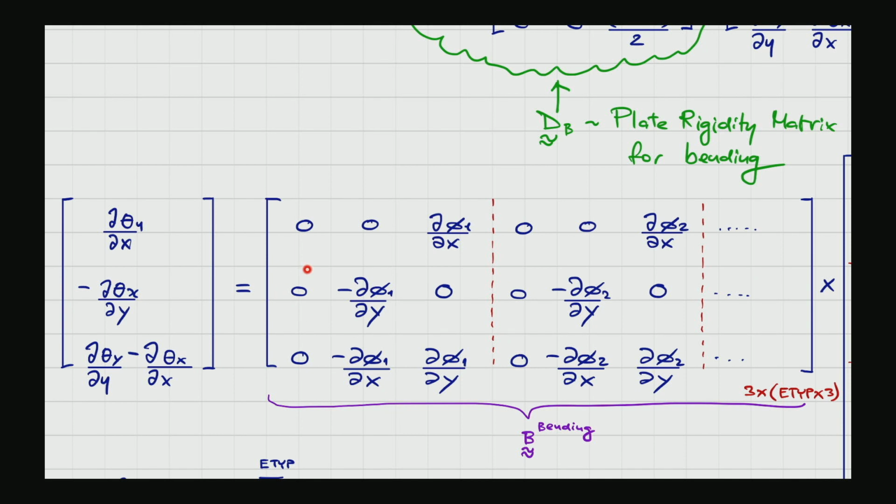So this is the column 3L minus 2 is 0, 3L minus 1 is non-zero, and 3L is 0.